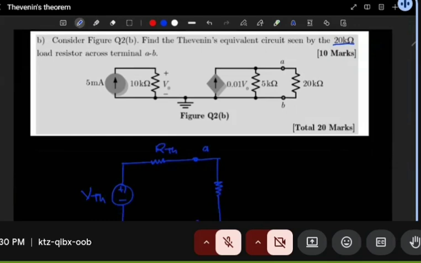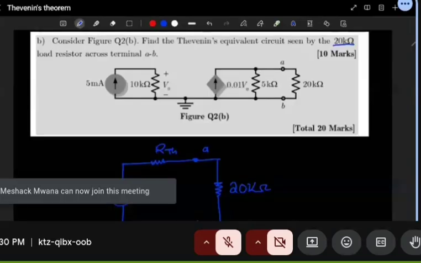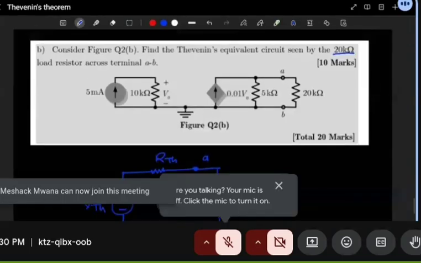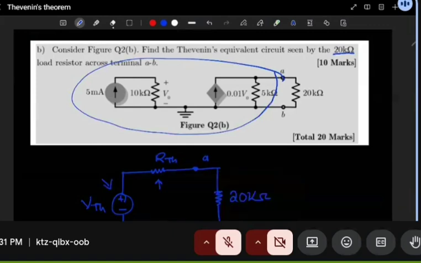So this is what is going to be the Thevenin's equivalent circuit. So this is what we want to do. Everything else has to be compressed to just one resistor and one voltage source.